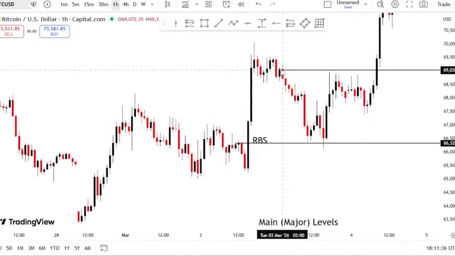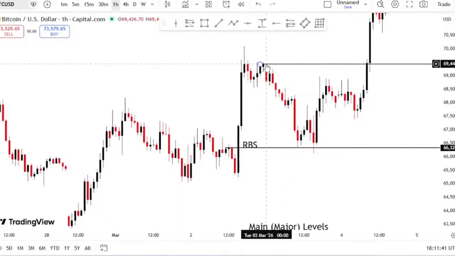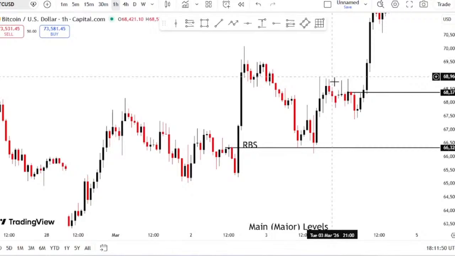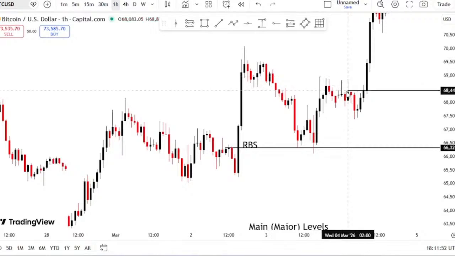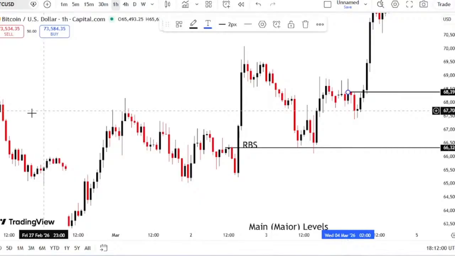So this place also becomes RBS. Former resistance is the same thing we have here. Here is a resistance. Don't forget, resistance is a bullish candle followed by a bear candle. Price closes above it, then the level becomes what?